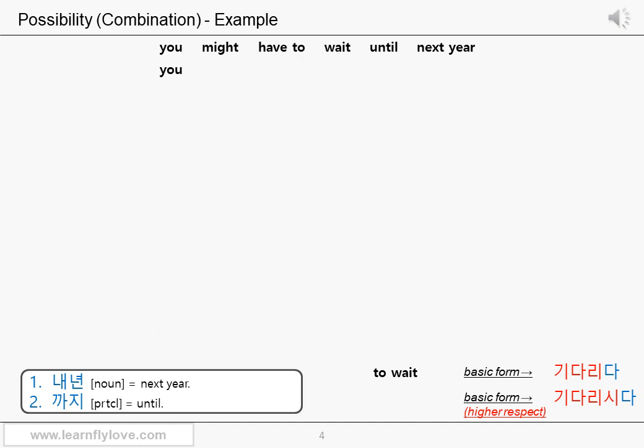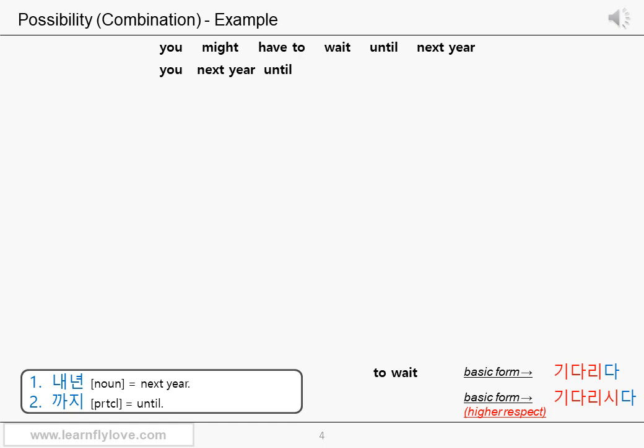The subject you comes first, and then the time-related word next year comes, but it has to come with the preposition until. As you know, there is no concept of preposition in Korean. It's normally substituted by the postposition particle. So let's put the preposition until right after next year.